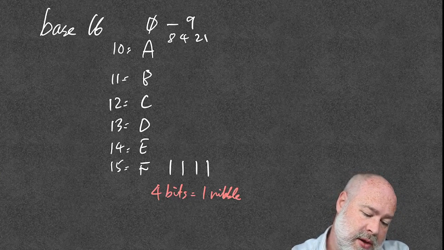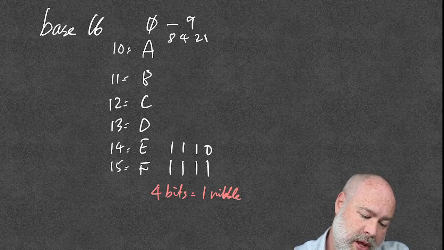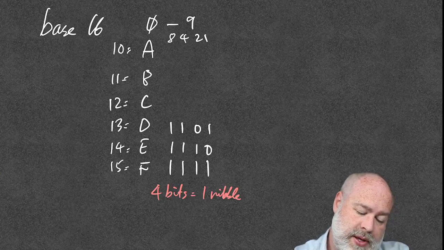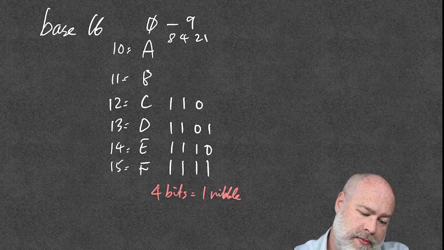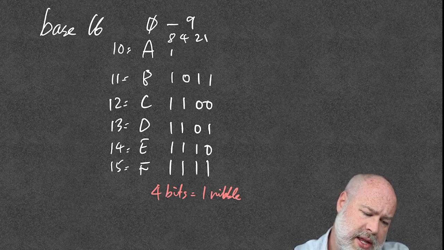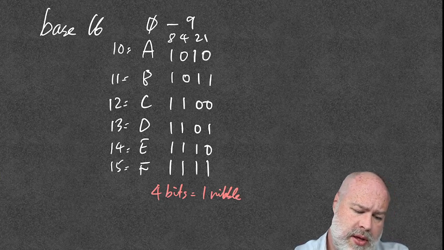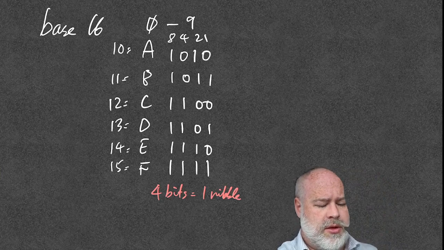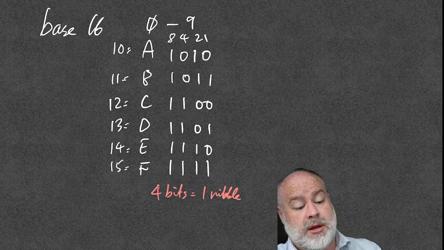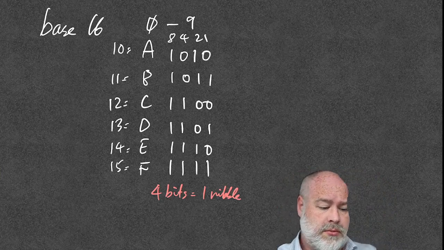So what's E? Well, it's the same as that, except we don't have the 1. What's 13? Well, it's 12 plus a 1, 8, 4, and 1. What's 12? It's just 8 and 4. 11 is 8, 2, and 1. And 10 is 8, and 2, and 0. So those are the binary equivalents there, which will help you.